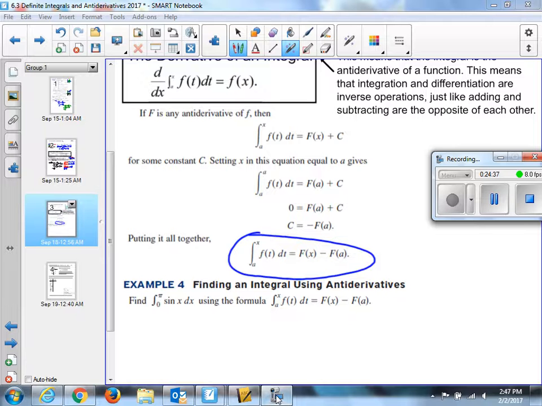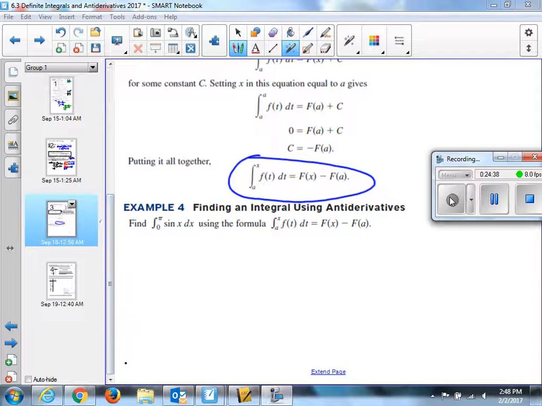Now, an antiderivative is the opposite of doing the derivative. Now, to do this one here, you know how if I said, what's the derivative d by dx of cos of x, what's that equal to?